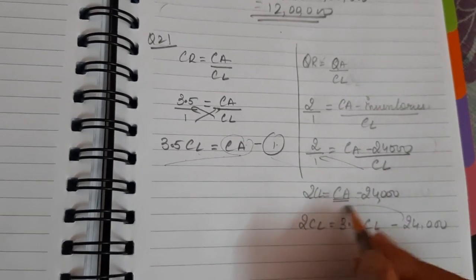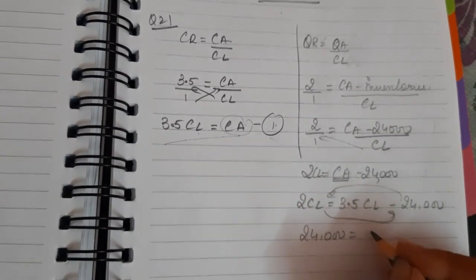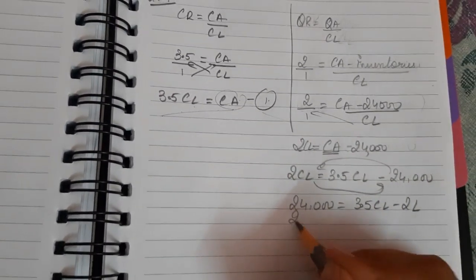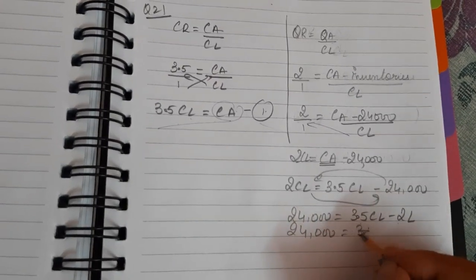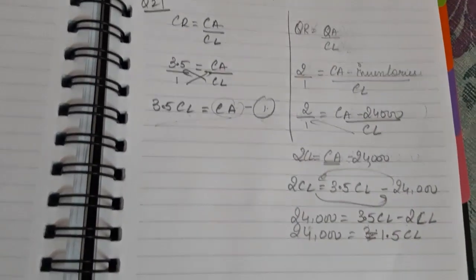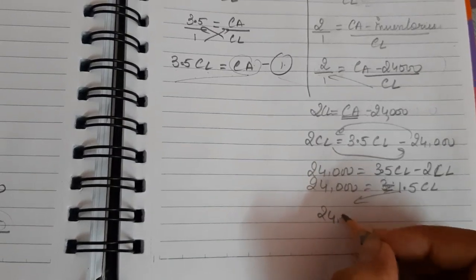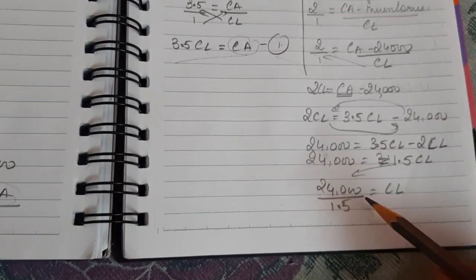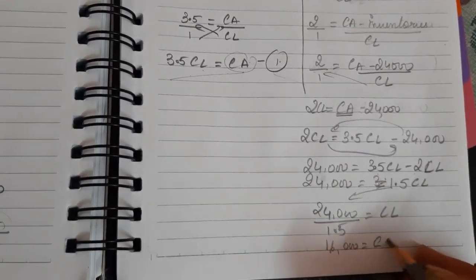Now 24,000 will come here, so 24,000 is equal to 3.5 current liabilities minus 2 current liabilities. 3.5 minus 2 will give you 1.5 current liabilities. When you divide 24,000 by 1.5, that is equal to current liabilities. So 24,000 divided by 1.5 will give you 16,000. 16,000 is equal to current liabilities.